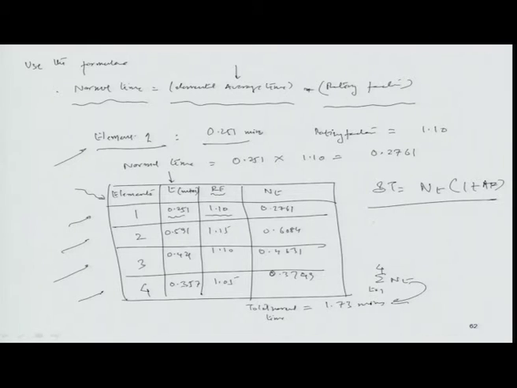In this case the normal time is 1.73 minutes, so you just multiply that by 1.2, the allowance factor being 20%, that is 0.2, and so the standard time for this particular operation is about 2.08 minutes. That is how you record the standard times for different operations.